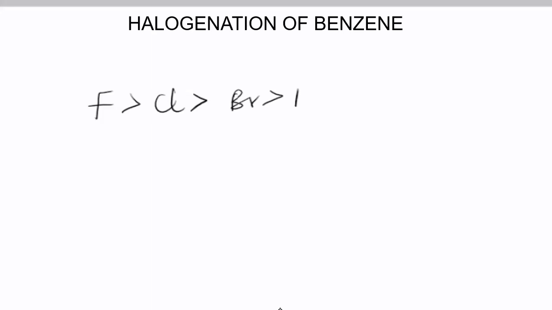So if I have my C6H6, that's benzene, plus chlorine, a halogenation reaction will occur here.